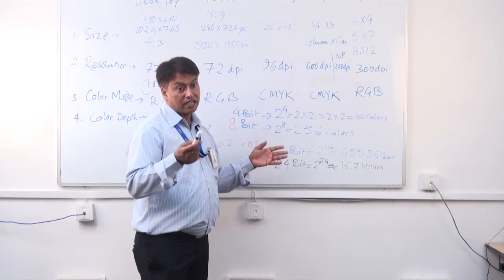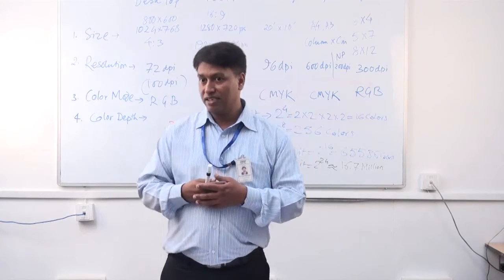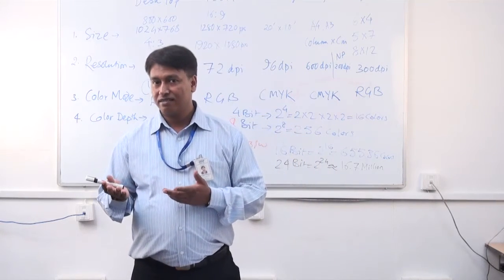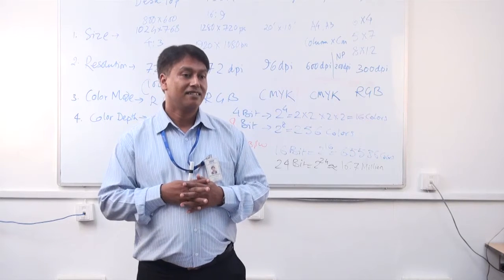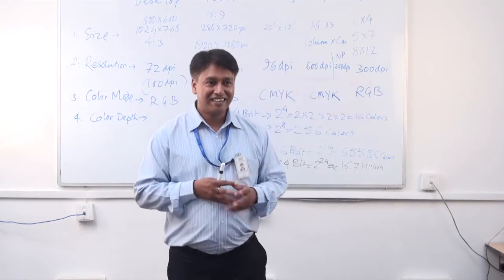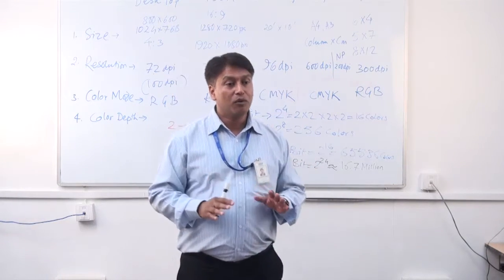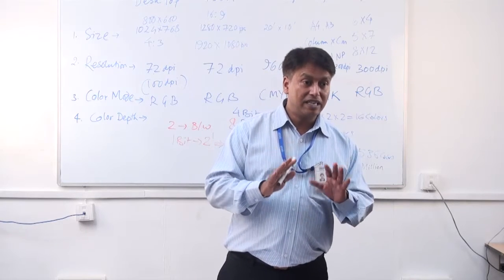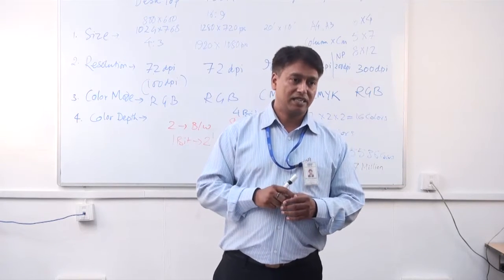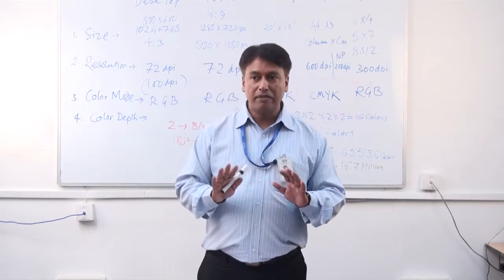Can we see 16.7 million colors? No, we cannot see. It's an overkill. We can only distinguish 9 million color shades. A normal human being can distinguish only 9 million color shades.